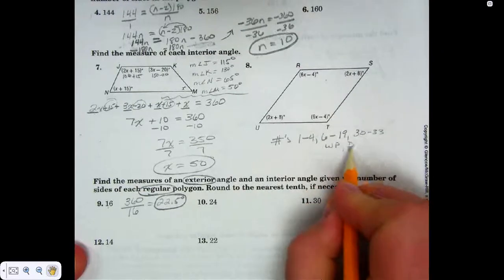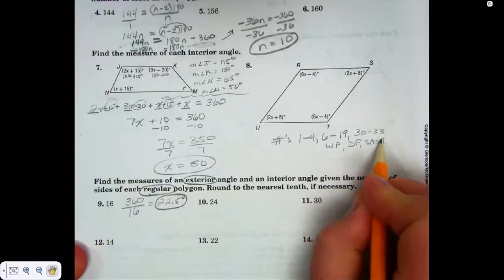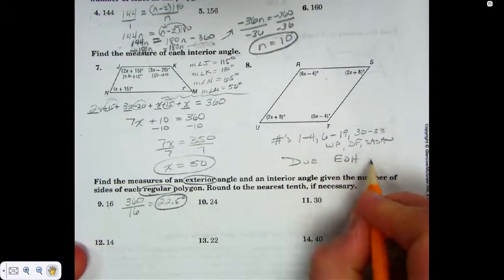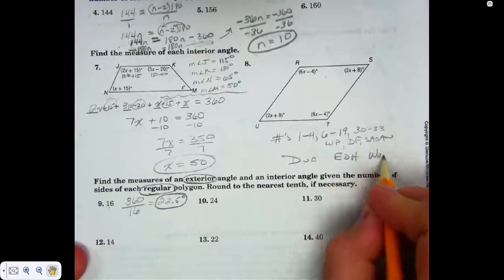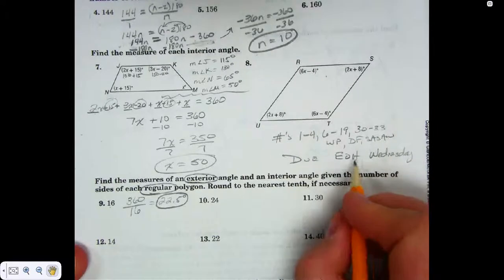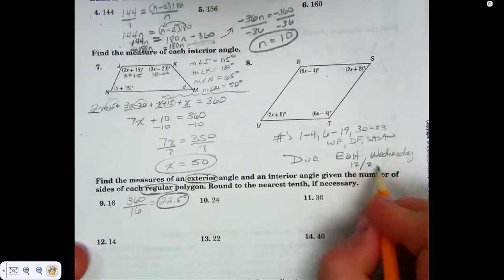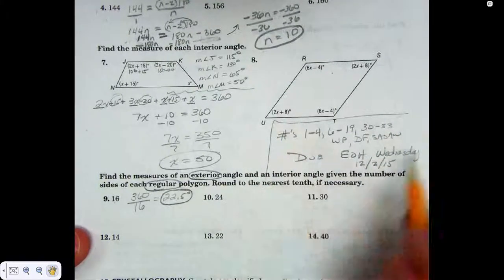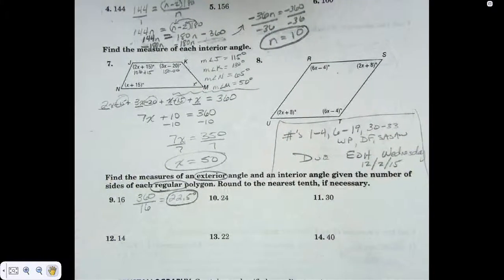Write problems, draw figures, show all steps and work. Due at the end of the hour, Wednesday, 12 to 15. That may be different than what's on Canvas, but I'll change it right now.